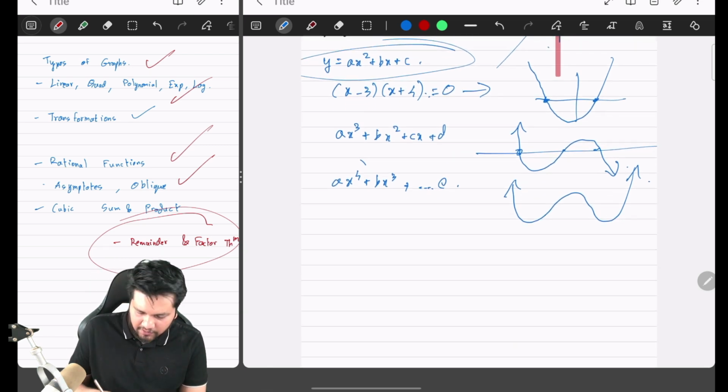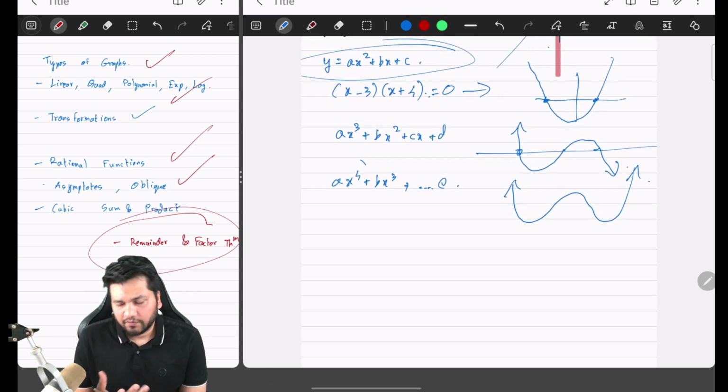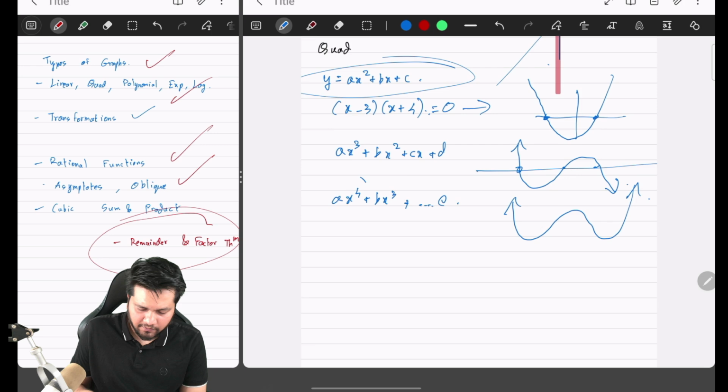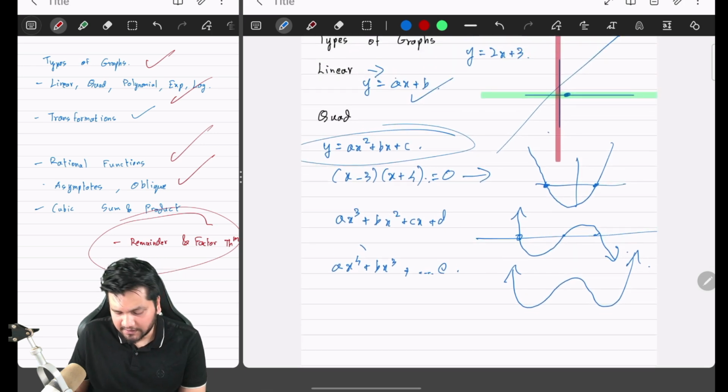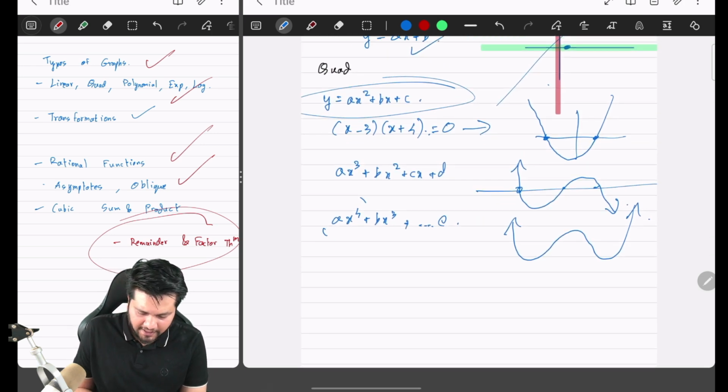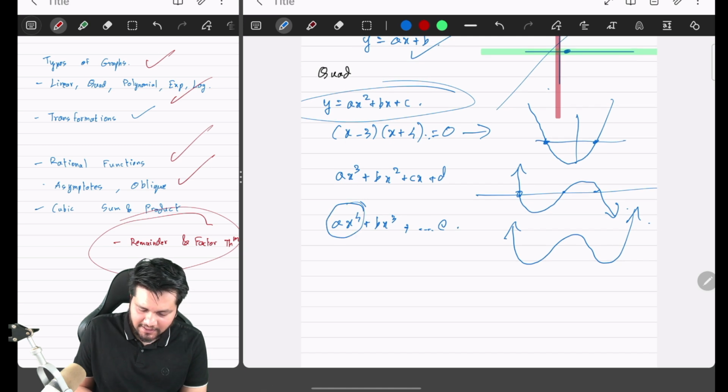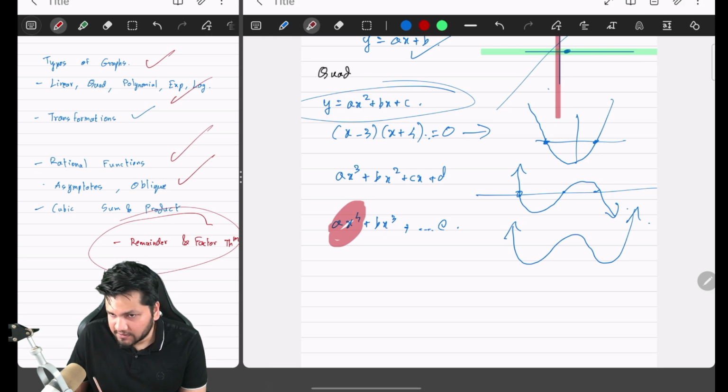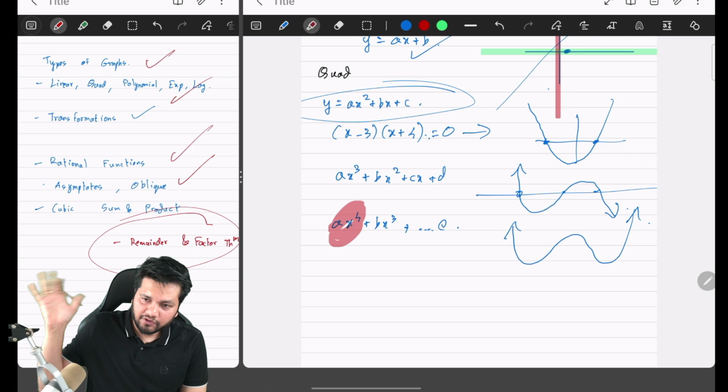To have an idea about how these roots operate, what we can do is simply put one of the values of x. Generally, when I want to talk about the range and domain for this one, let's say, what I'll do is put x equal to a huge number, maybe 1000, 10,000 or something like that. So as I can see, if it is ax to the power of 4, when I put 1000, 10,000 in this case, I'll get 1000 to the power of 4.